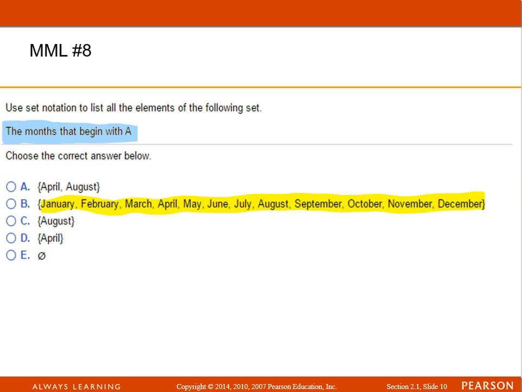There they all are, but we are only looking for the ones that start with A, which are April and August. So my answer would be choice A because April and August are the only 2 months that start with the letter A.